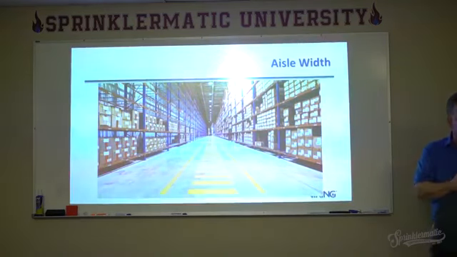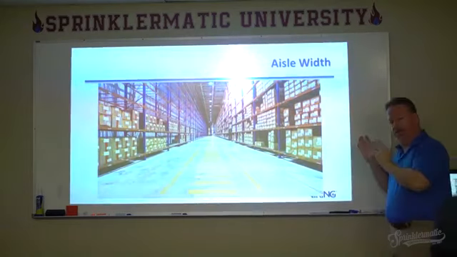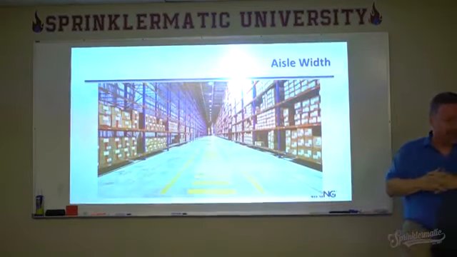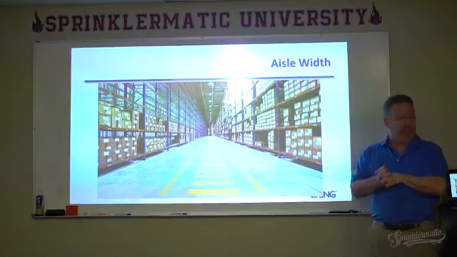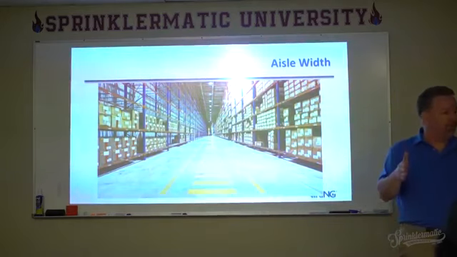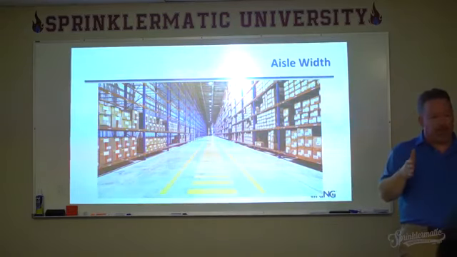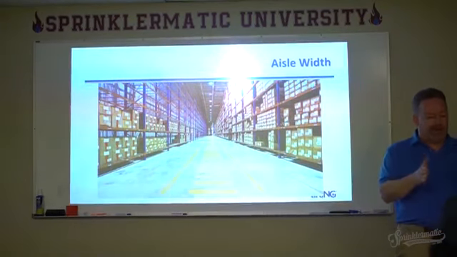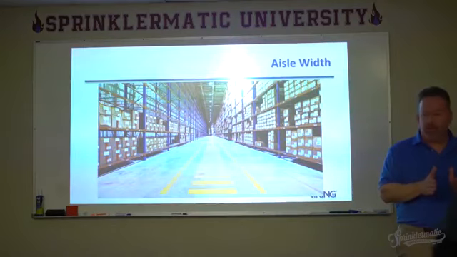The requirements in NFPA 13 still are based on 4-foot aisles or greater than 4-foot aisles, up to 8-foot aisles. But what happens with those wider aisles? If I'm the owner of a warehouse, and I look at an 8-foot wide aisle, what do I see? Wasted space. Yep, I see wasted space. How do I get that closer together?